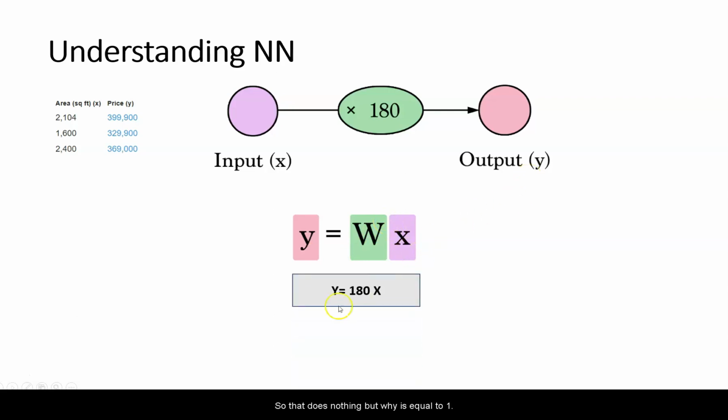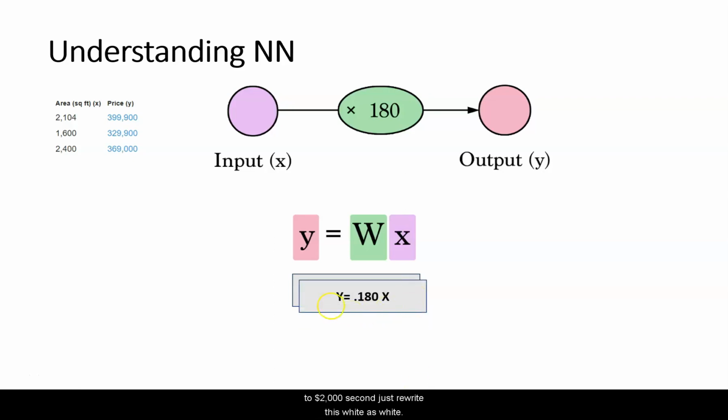So that is nothing but y is equal to 180 into x. Now for simplicity, let us switch our price unit from $1 to $1,000. So I can just rewrite this y as y is equal to 0.180x.